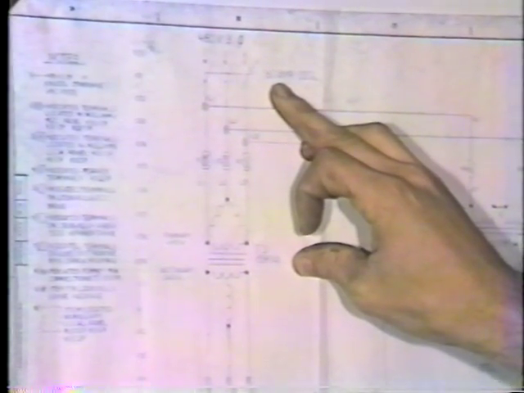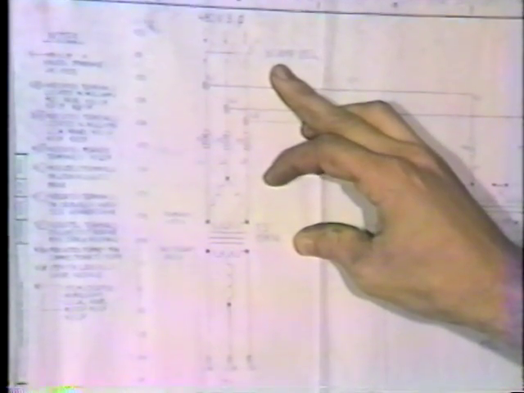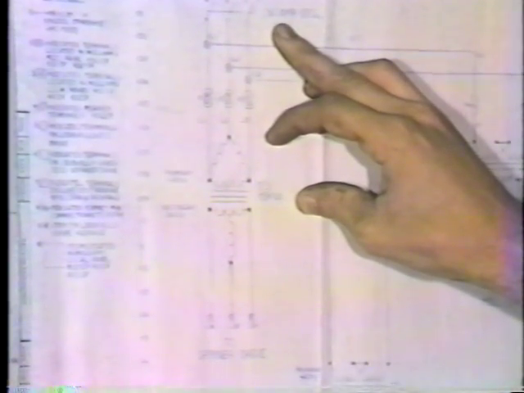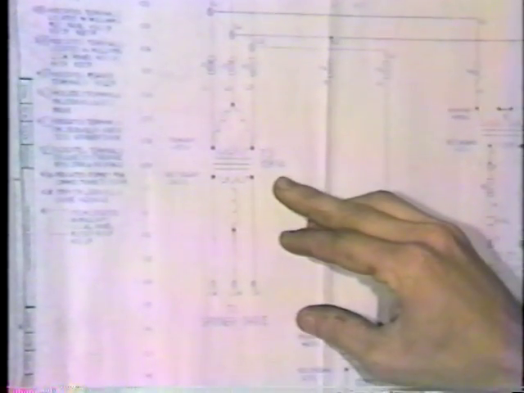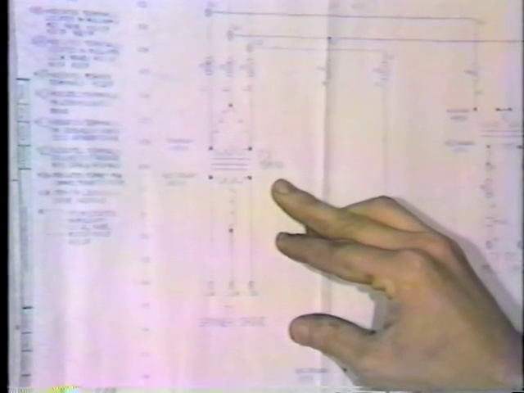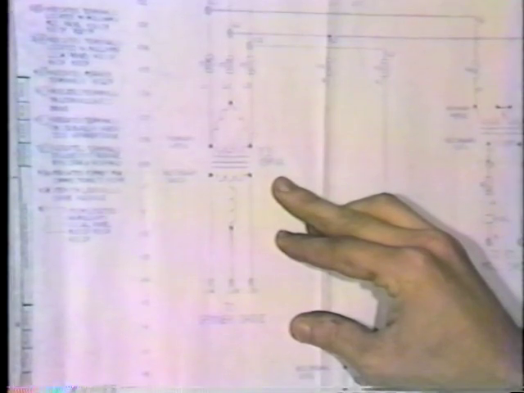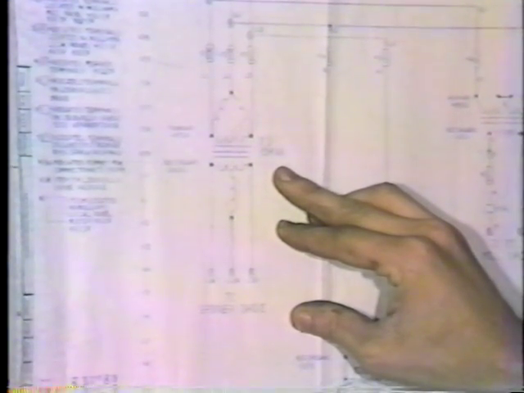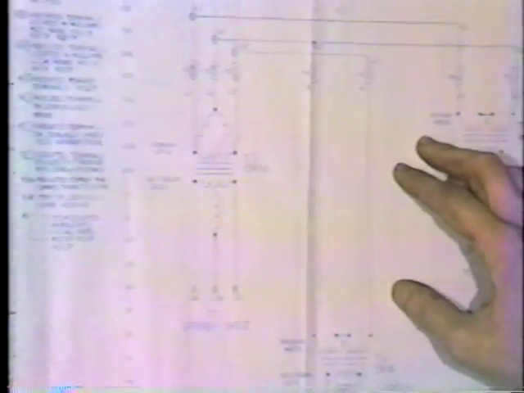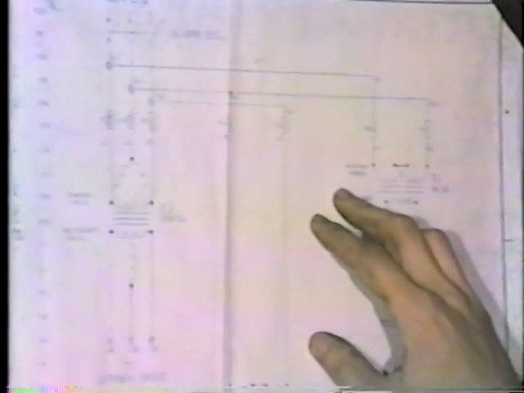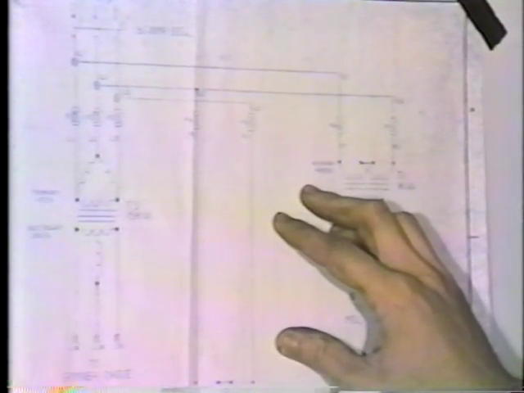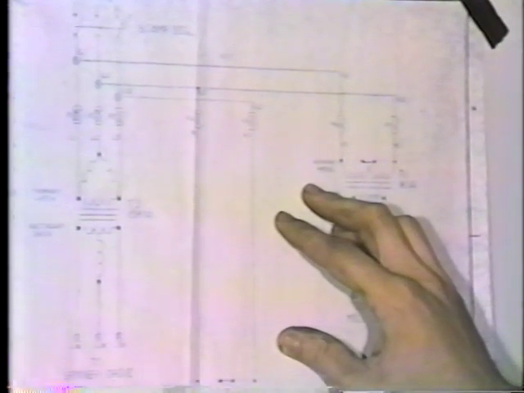Then, in turn, go through 340 amp fuses, F1, 2, and 3, into the transformer T3, which is a 15 kVA transformer feeding our spinner drive. We also take that 440 volt power and feed F4 and F5 into the transformer T4. Where are those?